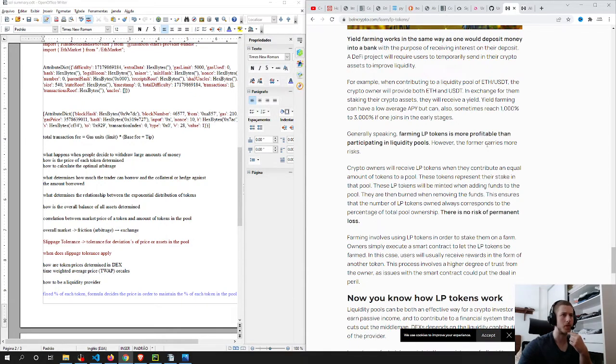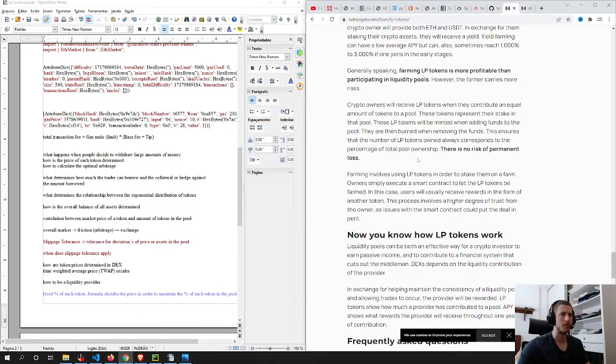Yield farming can have a low average APY, but can also sometimes reach 1000% to 3000%. So what's the difference? Because I thought that is the same as participating in the liquidity pool. I guess what they mean by participating in the liquidity pools is just the trading.